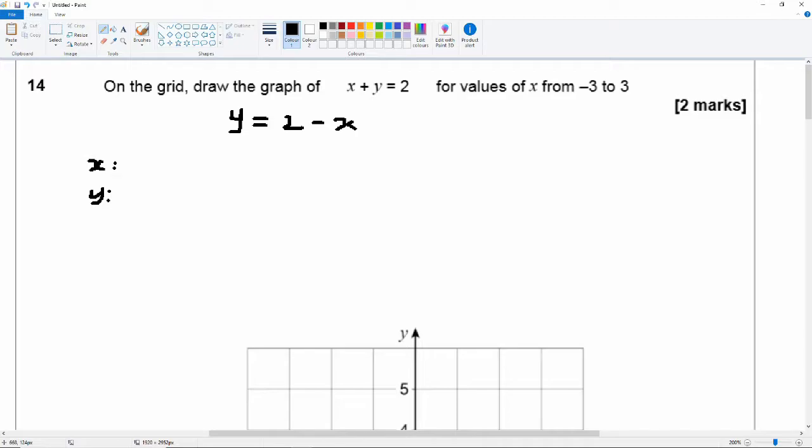So if x is -3, 2 minus -3 is the same as 2 plus 3, which is 5. If x is -2, 2 minus -2 is 2 plus 2, which is 4.